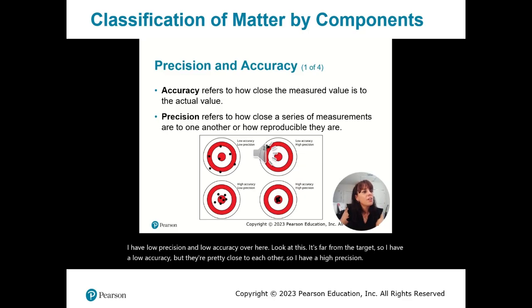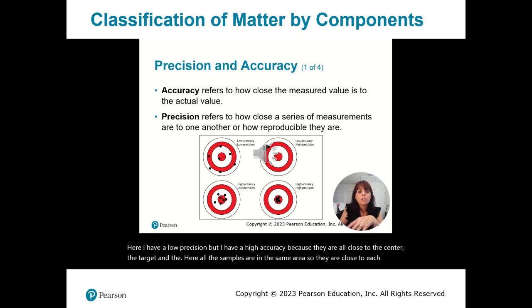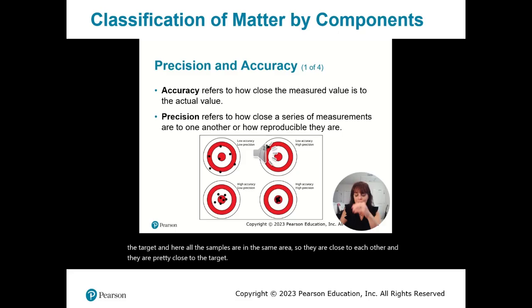Here I have a low precision, but a high accuracy because they are all close to the center, the target. And here, all the samples are in the same area, so they are pretty close to each other, and they are pretty close to the target number. So it will be high precision and high accuracy.